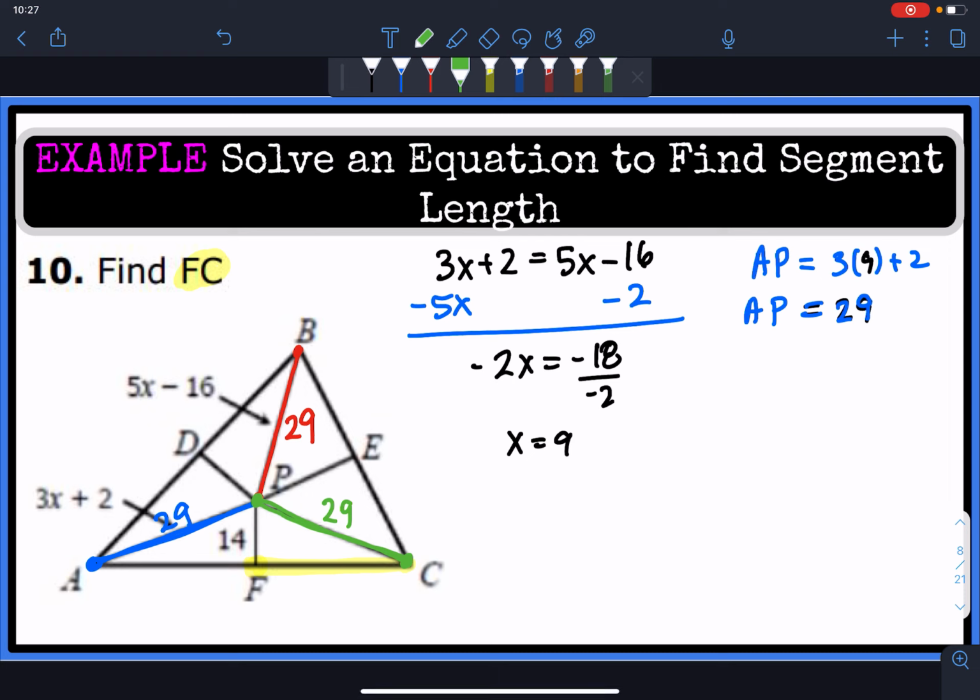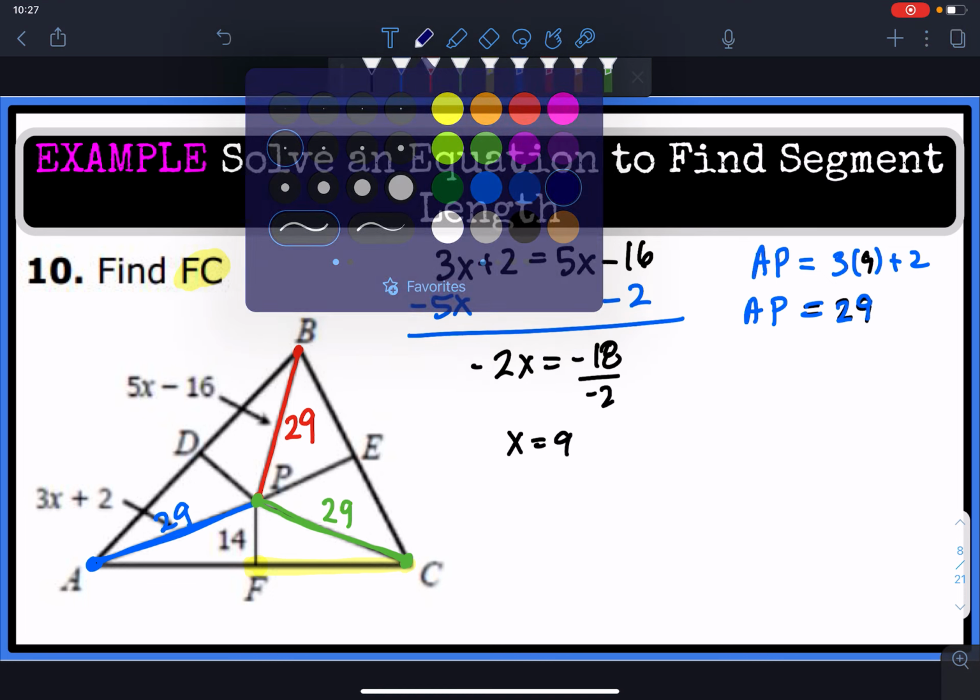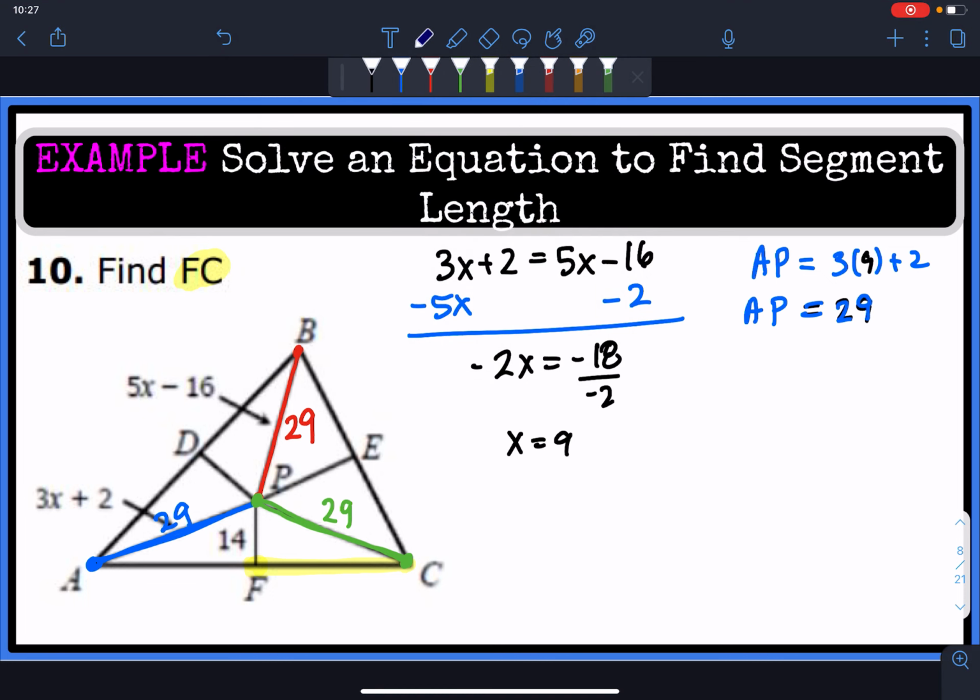So the way we're going to figure out the distance of F to C, well, as you see here, let me get a different color pen. Let me get a purple one here. The distance we're going to figure out for F to C is by drawing ourselves a right triangle.